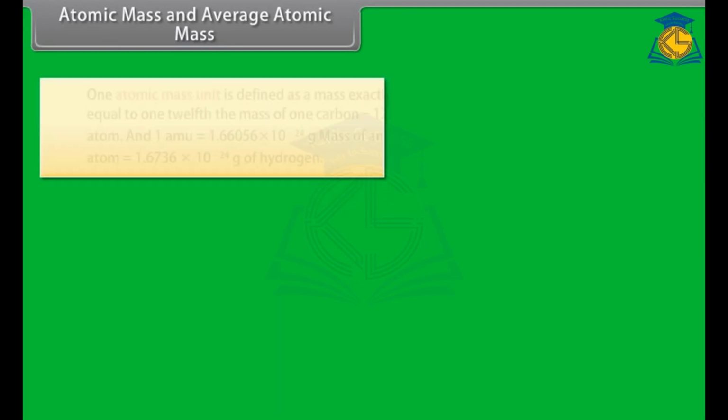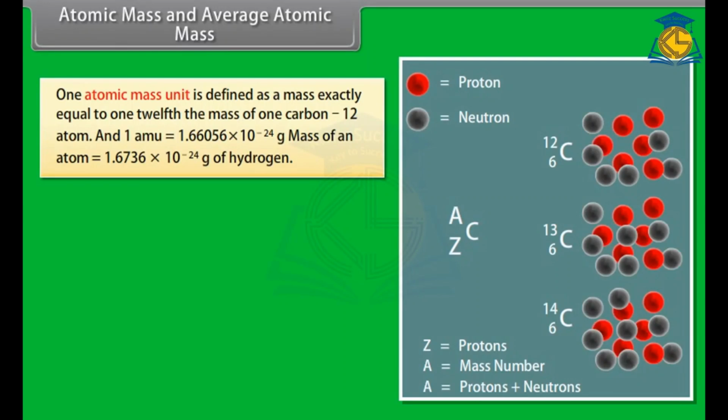Atomic mass and average atomic mass. One atomic mass unit is defined as a mass exactly equal to 1/12 the mass of one carbon-12 atom. And 1 AMU is equal to 1.66056 × 10^-24 gram. Mass of an atom of hydrogen is equal to 1.6736 × 10^-24 gram.